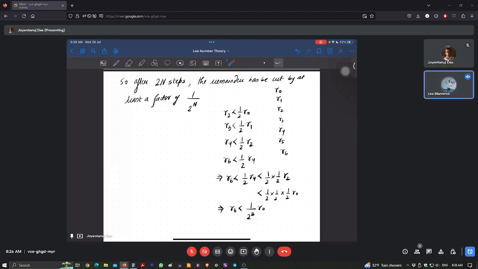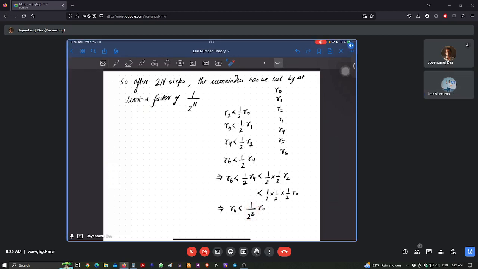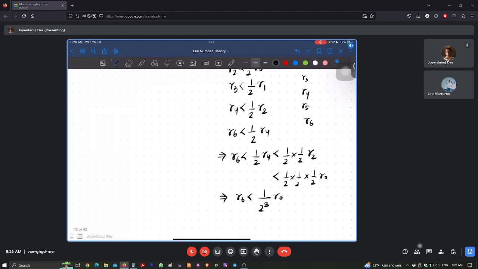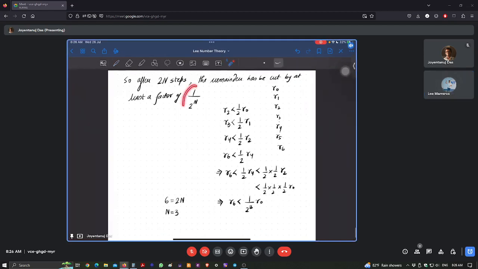Suppose after doing 6 steps our process terminates. Then 6 is 2n, so n is 3, and the remainder is less than a factor of 1 by 2 cube.